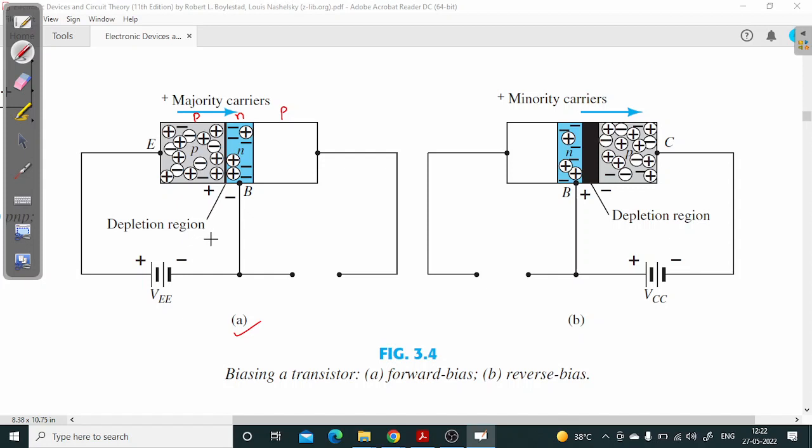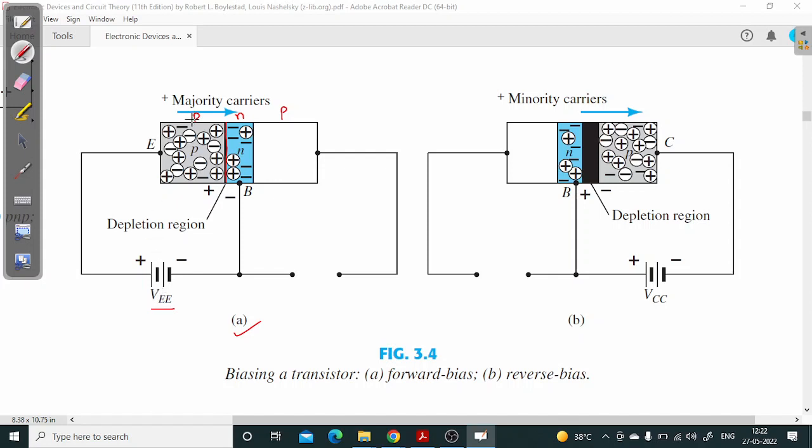Okay. So what it has done, it is shown in the figure that the first PN junction, between the emitter and the base, has a battery connected, called VEE. VEE is provided to bias the emitter base junction.